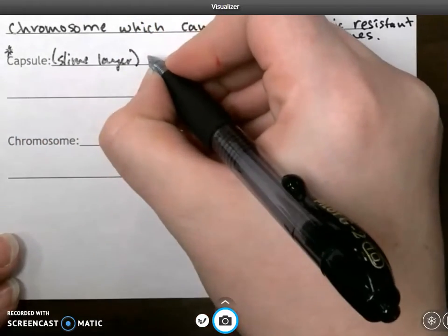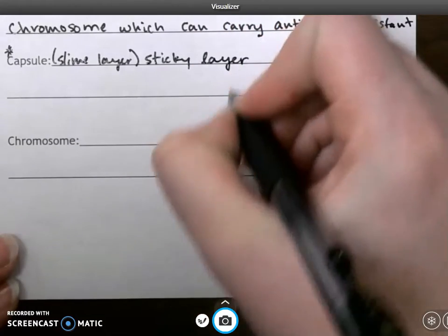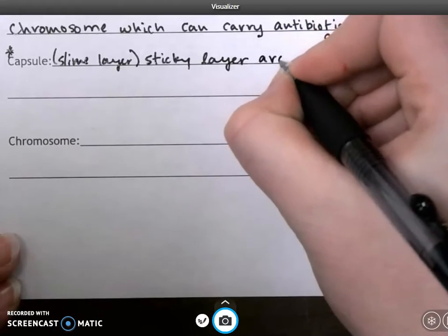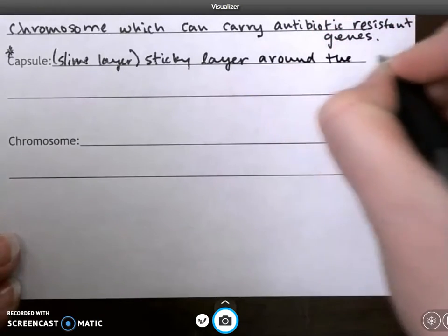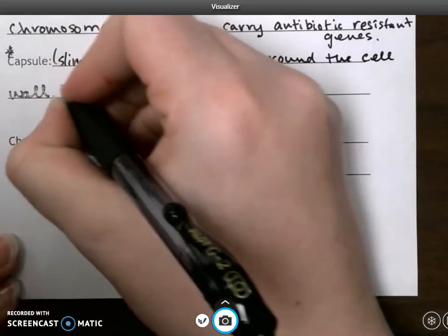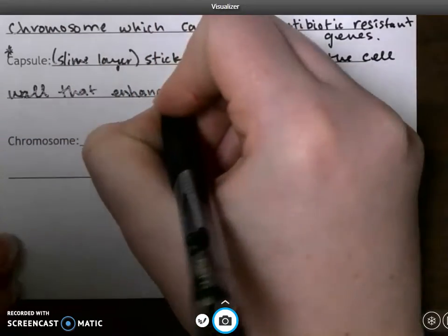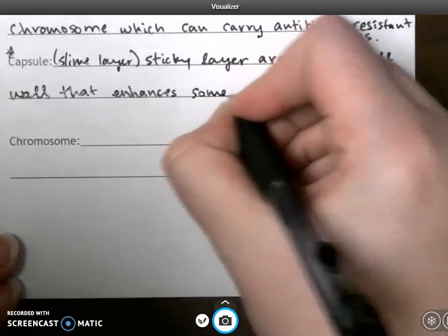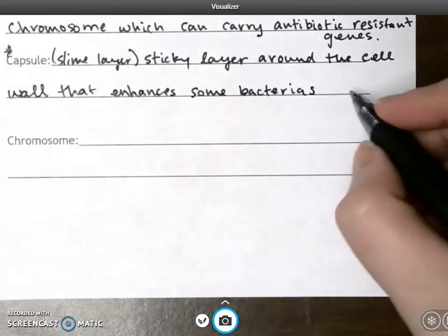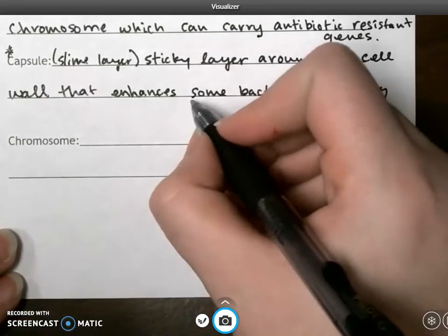It is a sticky layer around the cell wall that enhances some bacteria's ability to cause disease.